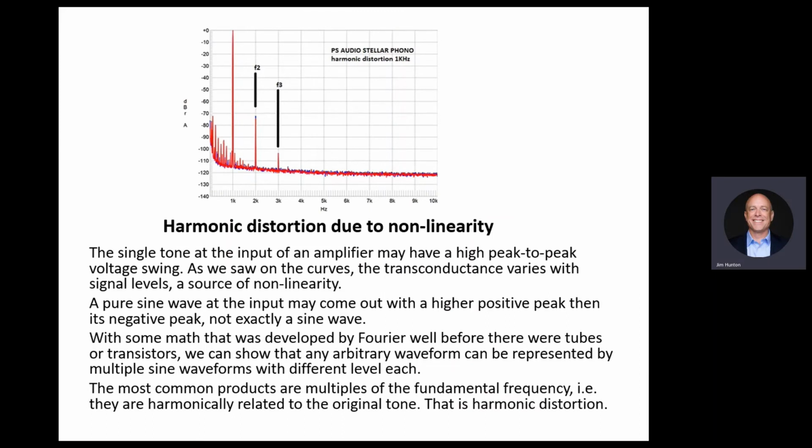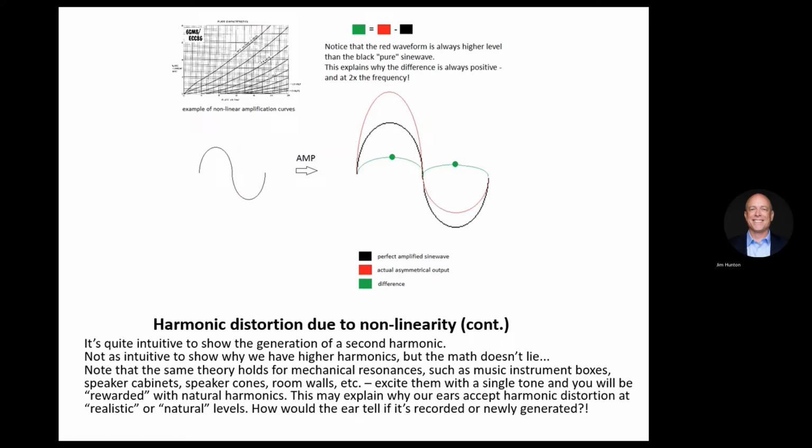So this is the 1 kilohertz. This is the ideal. The 1 kilohertz would have been the black sine wave on the output. And because we didn't get that, we got other things, and those other things are generated from the difference between the real output, the red, and the black.